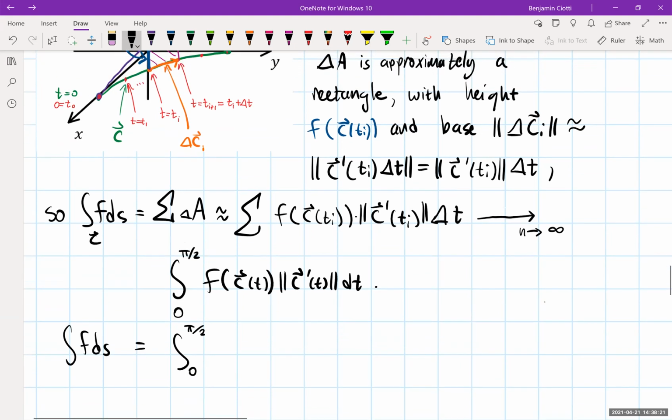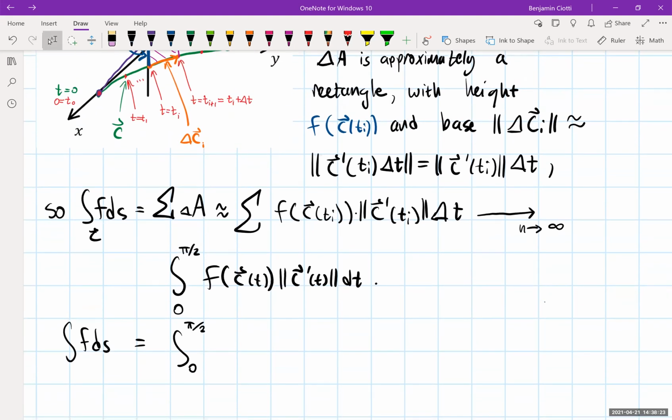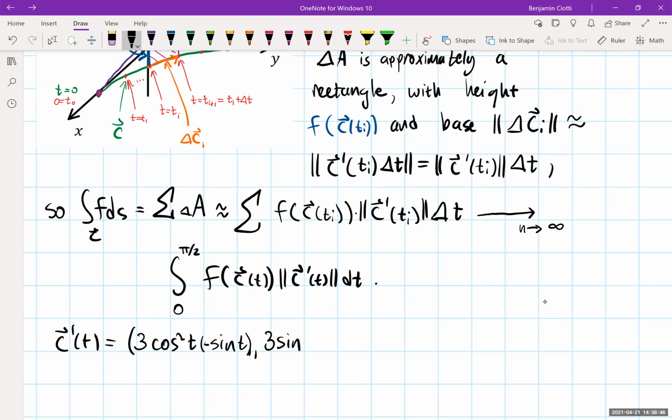oh, I need to compute the speed, sorry. Let me do that first. c prime is, since c is cos cubed, c prime will be 3 cos squared t times negative sine t, and 3 sine squared t times cos t.